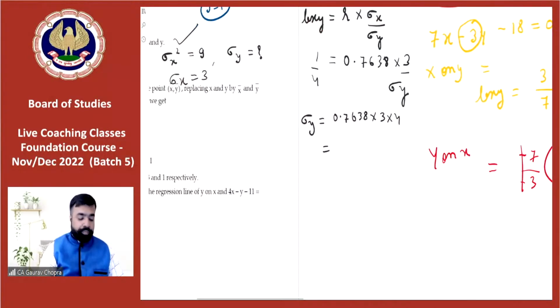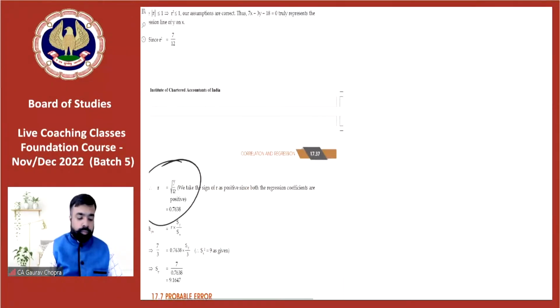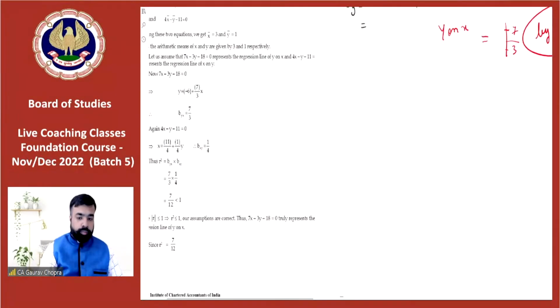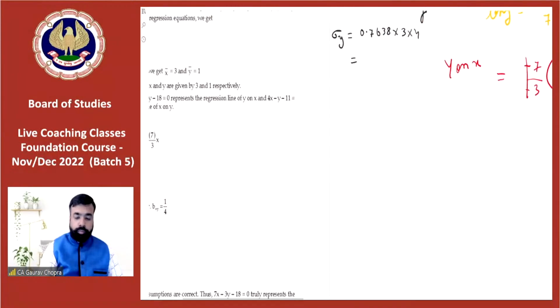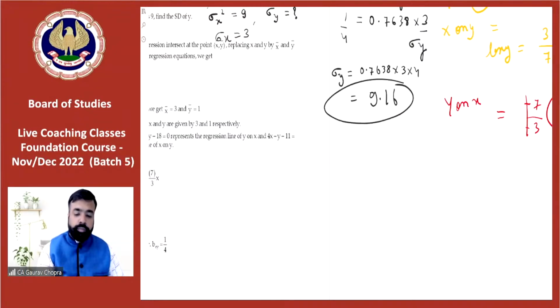Now you can check how much is coming and let me know the answer. So multiply 3 into 4 into 0.76. The final answer is 9.16. This is the standard deviation of y.